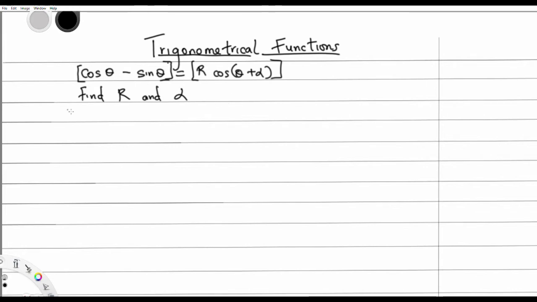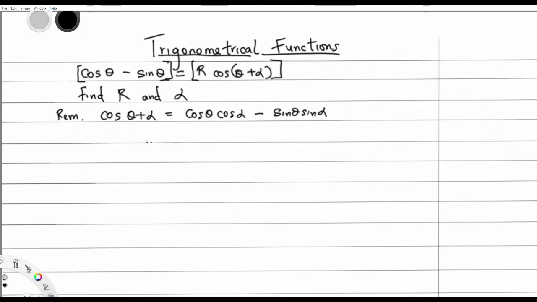Let's remember what we've treated in the past: cos(theta plus alpha) equals cos theta cos alpha minus sin theta sin alpha. I hope you remember that.